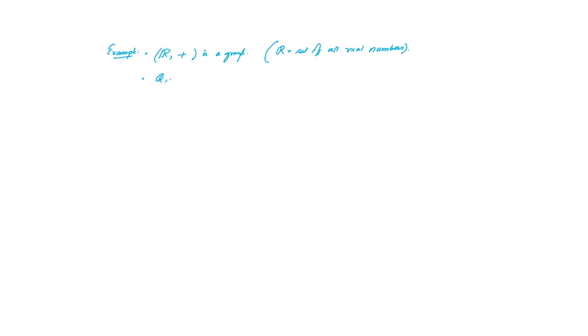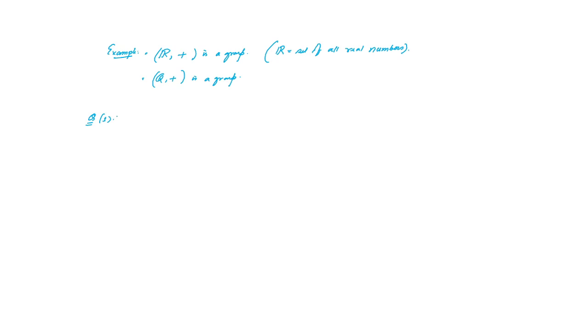Similarly, Q with respect to addition, the set of rational numbers, is also a group. We need to verify whether all the properties hold or not. That means closure, associative, existence of identity and existence of inverse: all the properties you will verify and check, and this is a group. Now come to the problem.